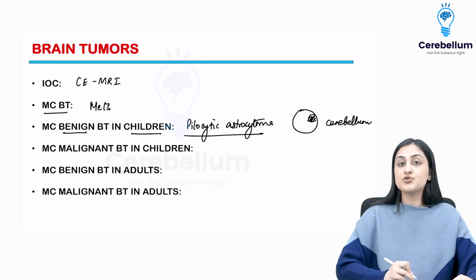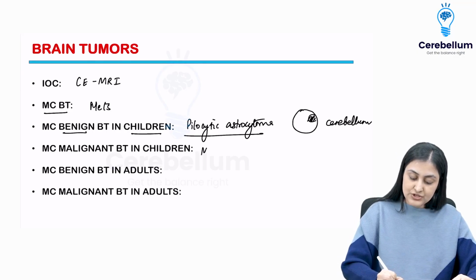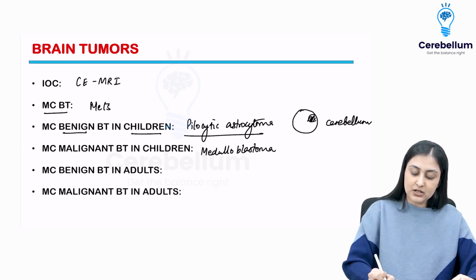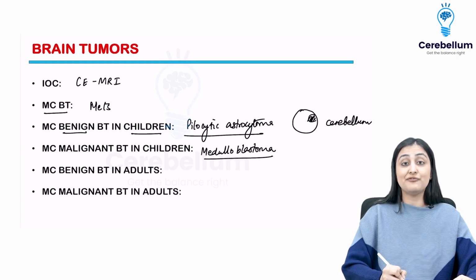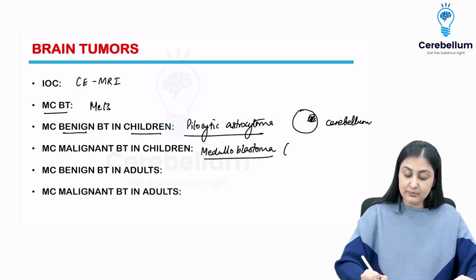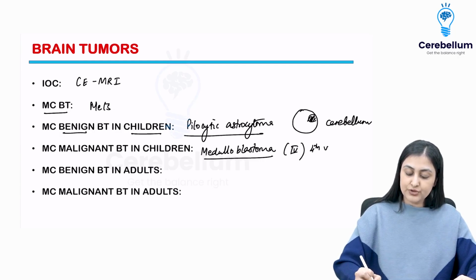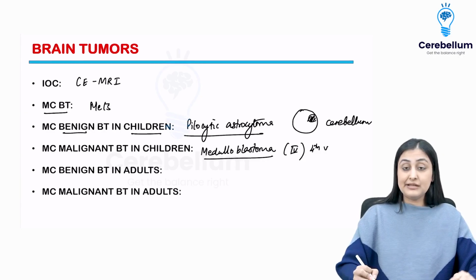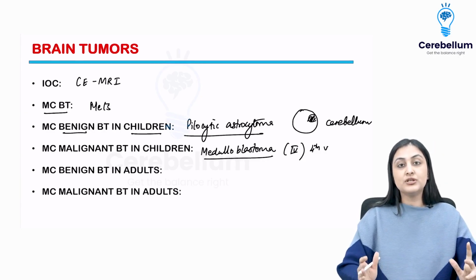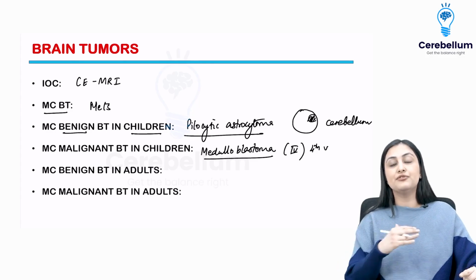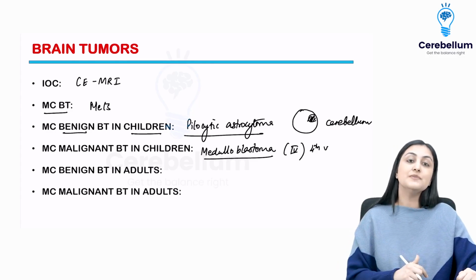When we talk about the most common malignant brain tumor in children, it is medulloblastoma, which is also going to be occurring in the fourth ventricle. It's a very vascular tumor, WHO grade 4 tumor, and this is also in the fourth ventricle. So both of these, in fact, overall in children, the more common brain tumors are infratentorial, below the tentorium cerebelli.